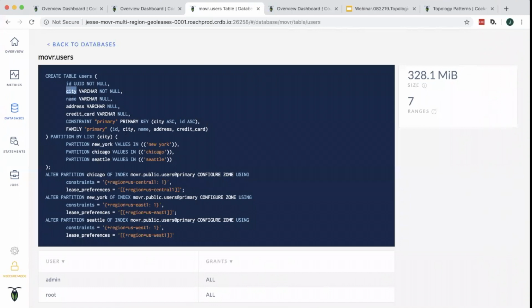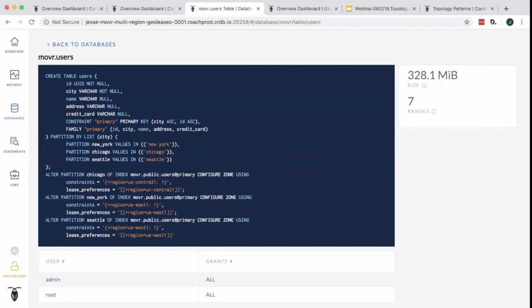And so we defined these partitions, and then we defined some zone configs. And this is really crucial. On a table like this, the tables where we could partition by city, we then applied a zone config and said for the Chicago partition of the users table, we want to make sure, absolutely sure, that there's one replica in the US Central region. That is where Chicago is. And then we applied what we call a lease preference.